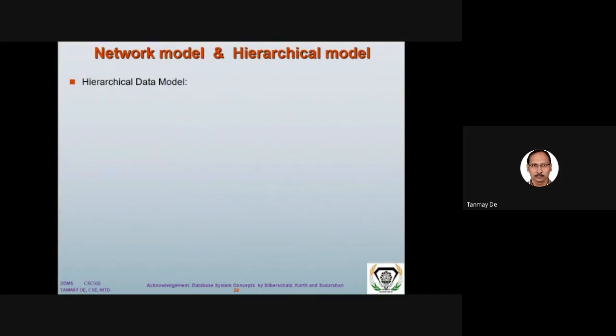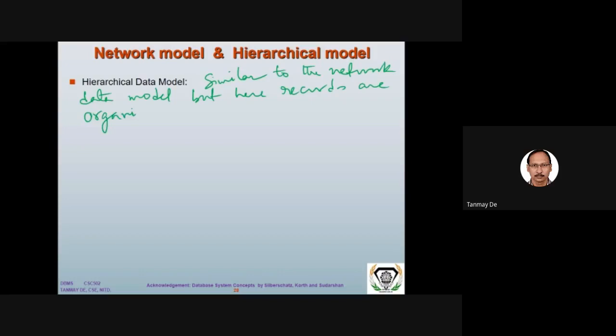That is, this is similar to the network data model, but here, in the hierarchical data model, records are organized as a collection of trees.